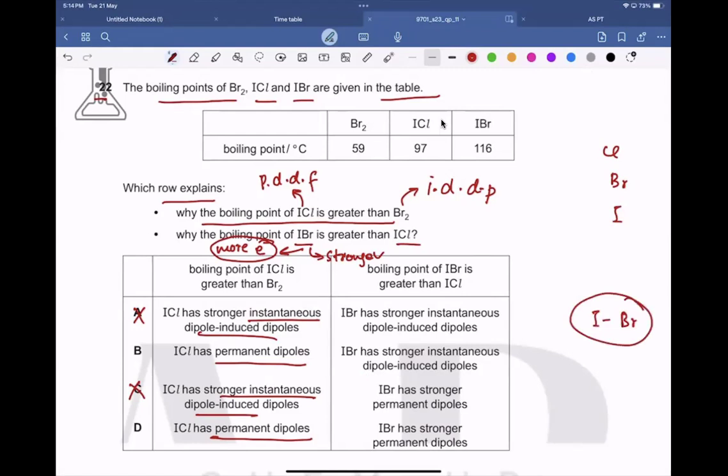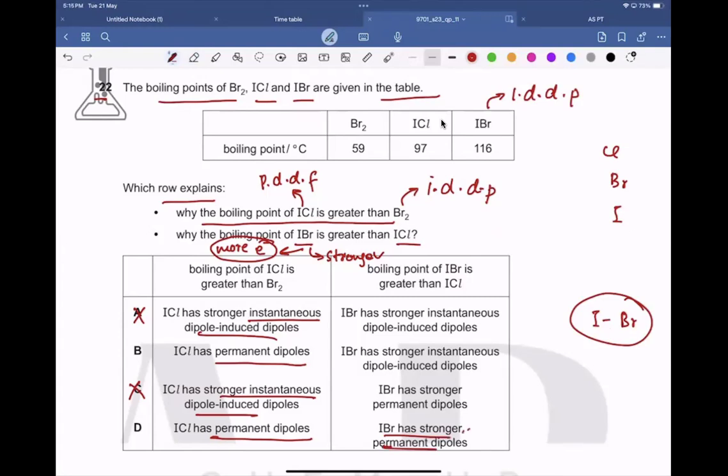So it means that between the IBr molecule, there must be induced dipole forces in IBr. But these induced dipole forces are stronger. That's why its boiling point goes higher than ICl.